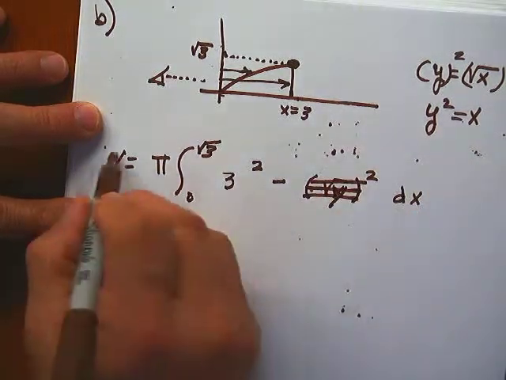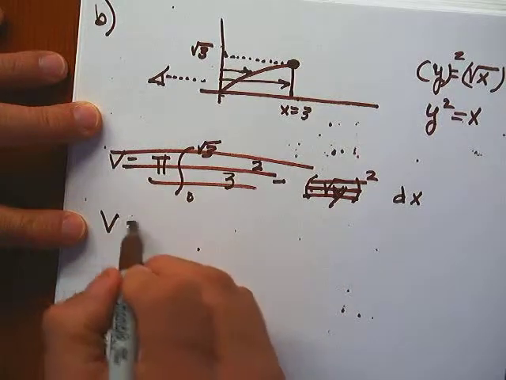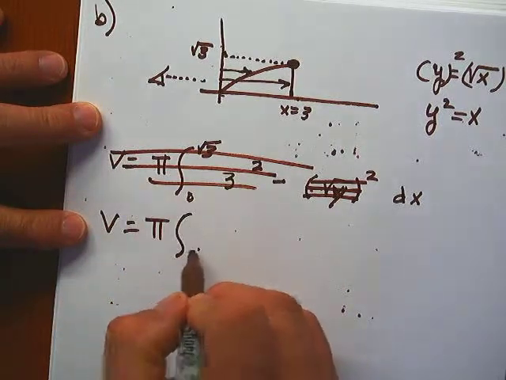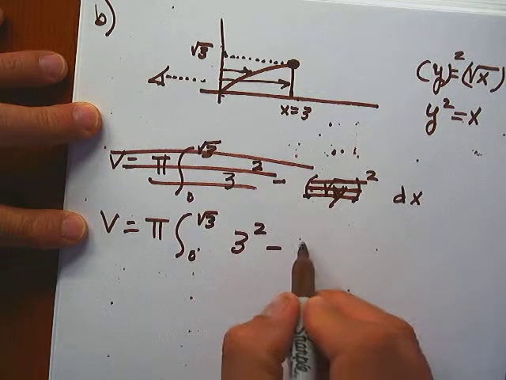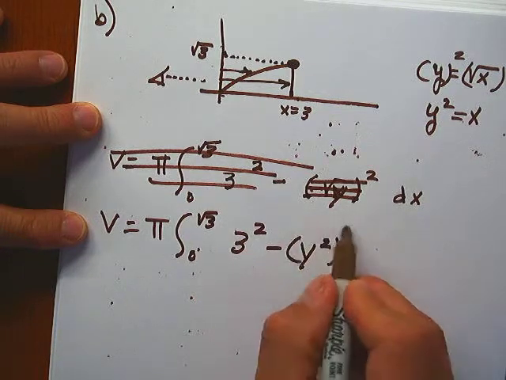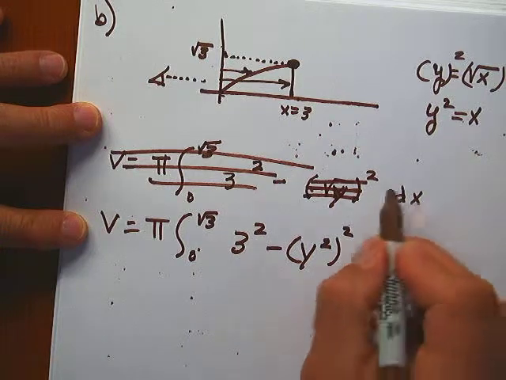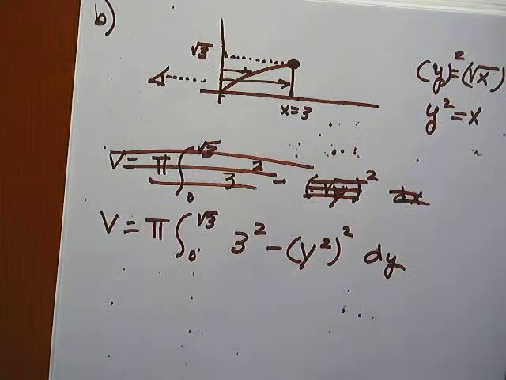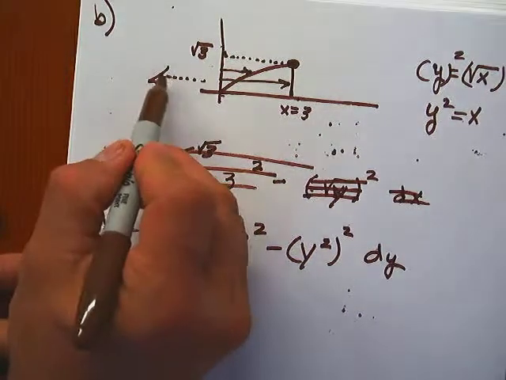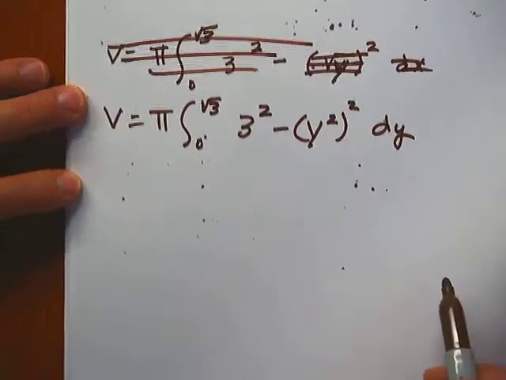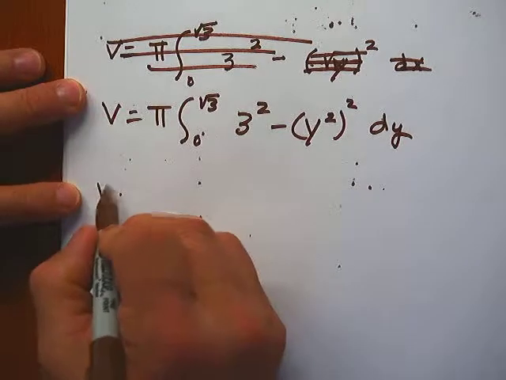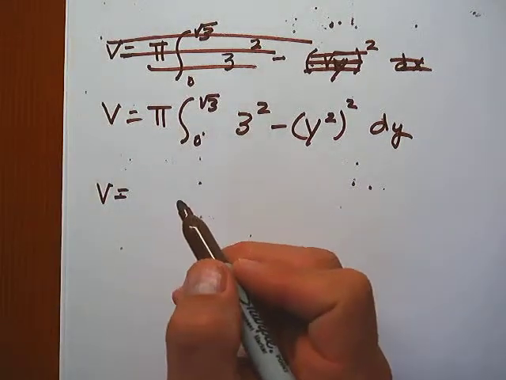Oops, I'm sorry, I messed that up. Let me just redo it. V is equal to pi, 0 to the square root of 3, of 3 squared minus y squared quantity squared dy. Because we're in terms of y, not x, because we're looking in that direction.